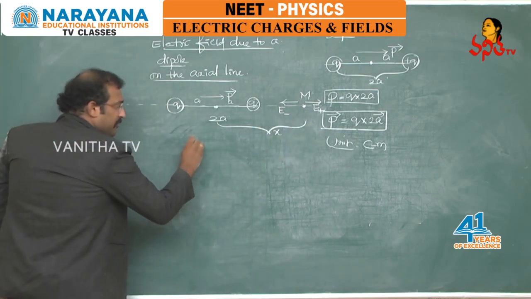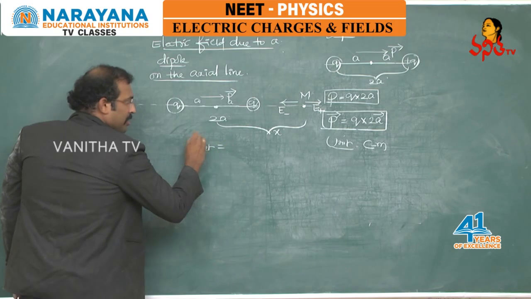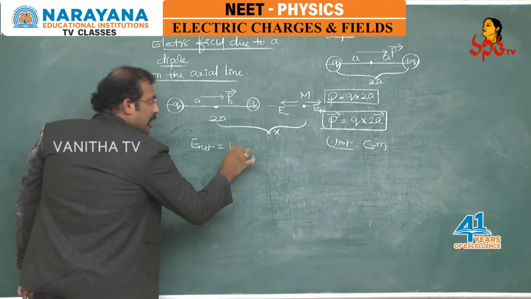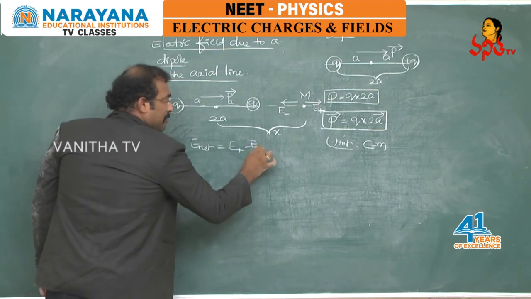Let us see what is the net electric field. Net electric field will be E plus minus E minus.